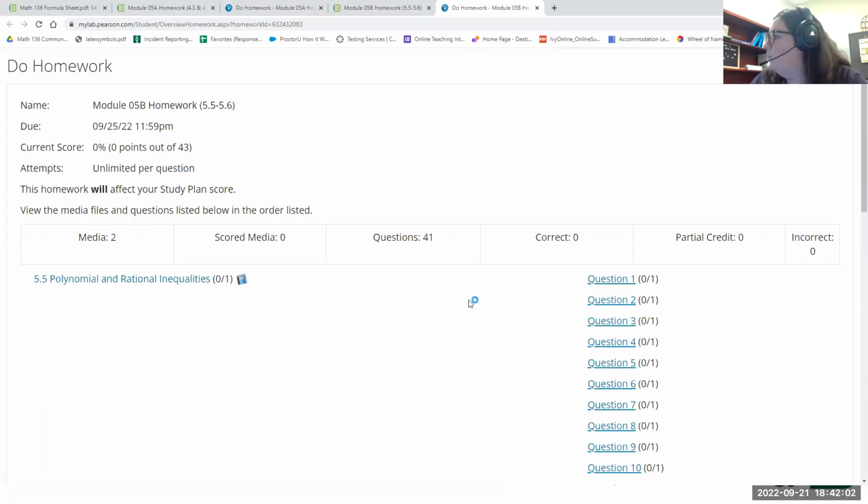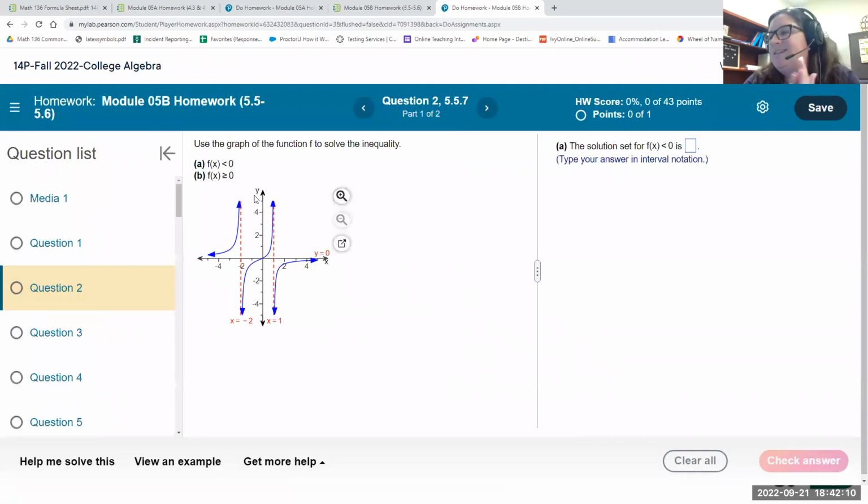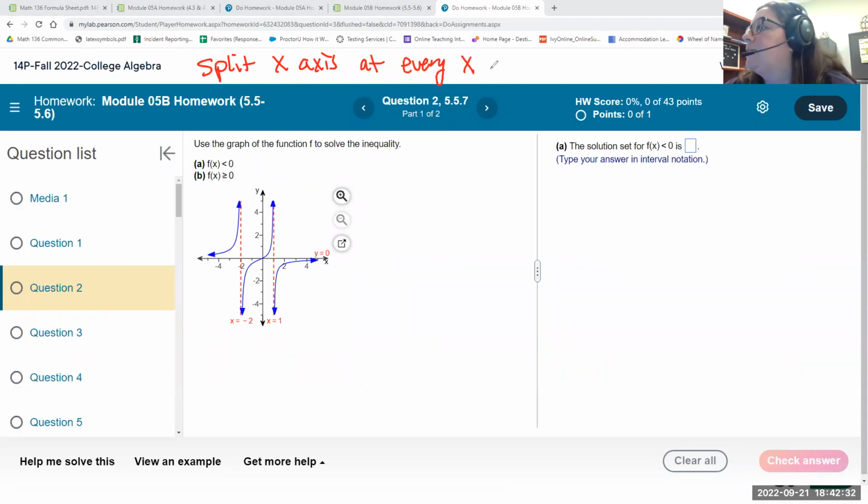All right, I'm going to start with number 2. Here we're doing inequalities, which follow the steps I wrote out and now erased. When you're looking at a graph of a rational function, you want to split the x-axis, your number line, at every x-intercept and vertical asymptote.